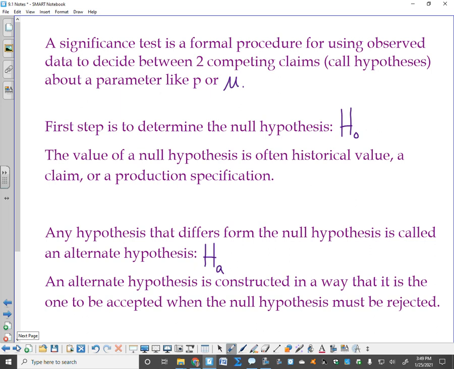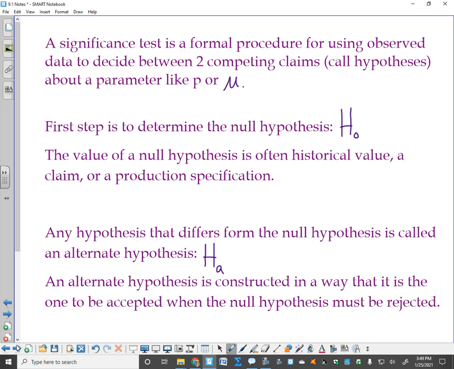A significance test is a formal procedure for using observed data to decide between two competing claims called hypotheses about a parameter like p or mu. The first step is to determine the null hypothesis.